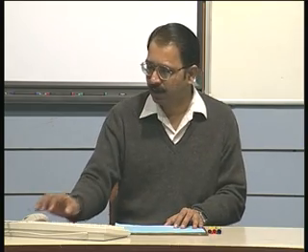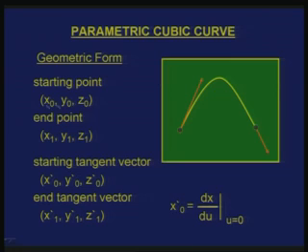Now, coming back to geometric form, what we have seen is that the input given is the starting point x0, y0, z0, which is shown here. Then I also have an end point which is x1, y1, z1, shown as another coordinate here. Then you have a starting tangent vector, shown in red color here, which basically refers to the x prime, y prime, z prime equations which we have written, and if I substitute u equal to 0, that becomes my tangent vector.